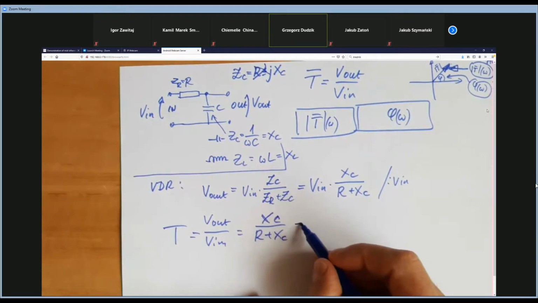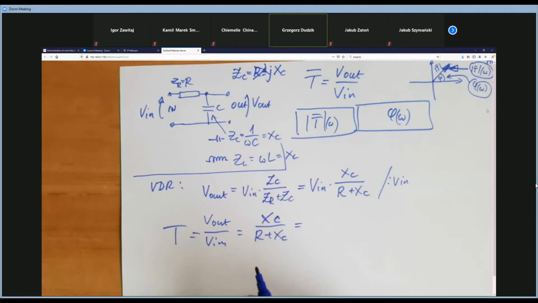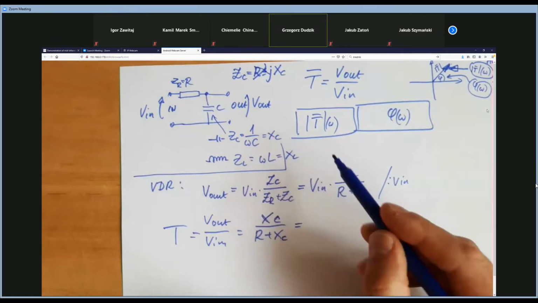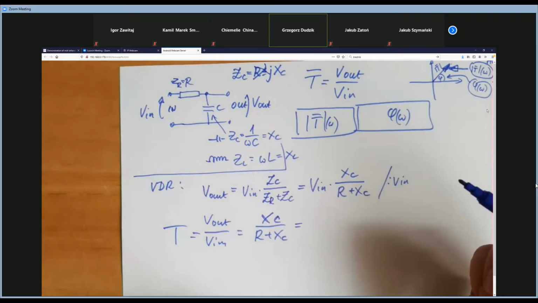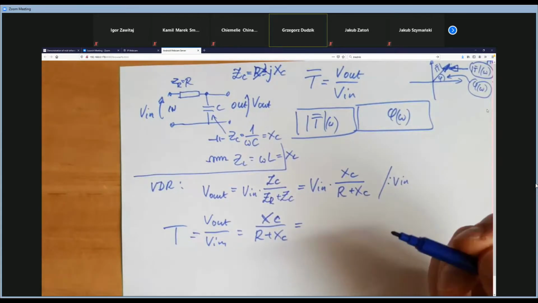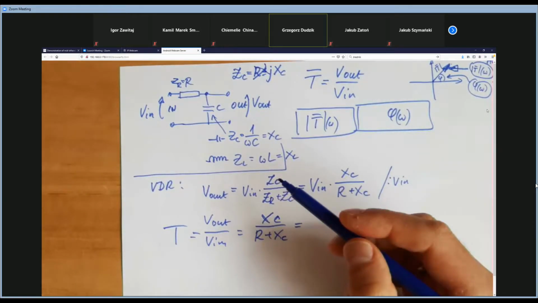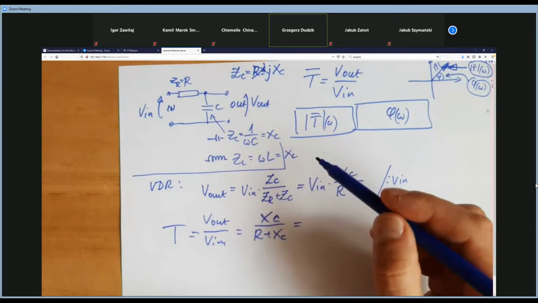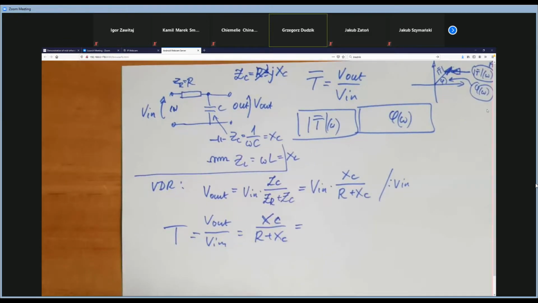All right, so now let's substitute the values of XC and the resistance, represented as 1 over omega C in this case, and the pure R. I told you that the minus is not important here.